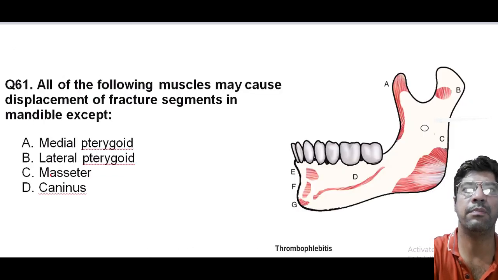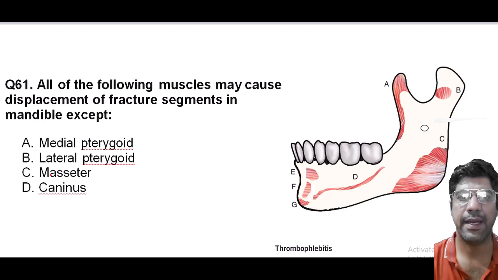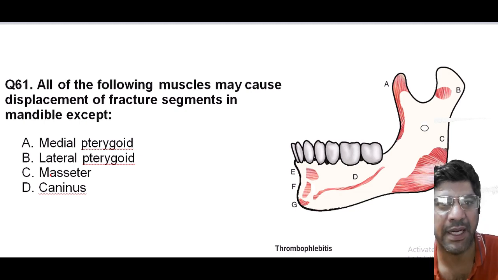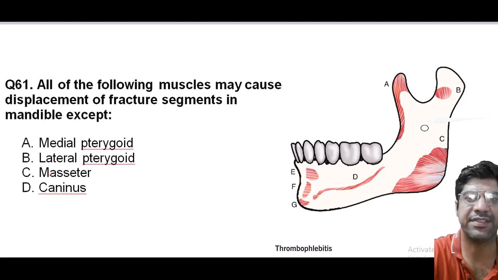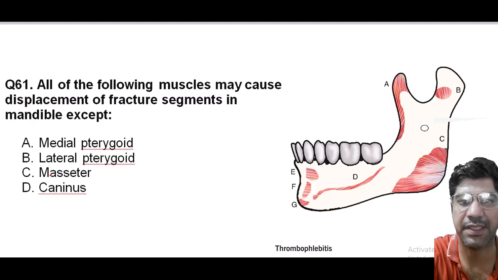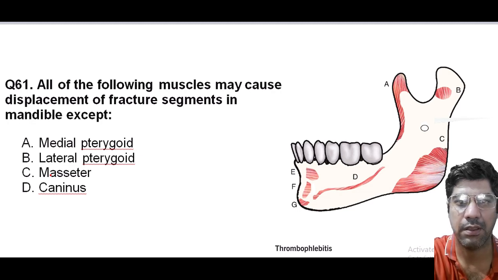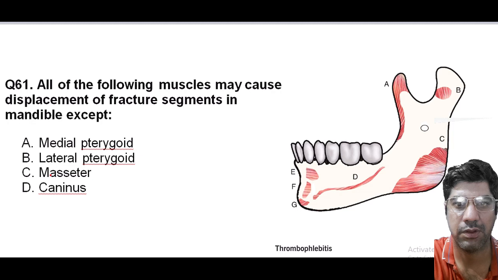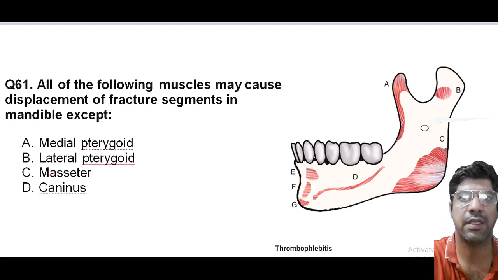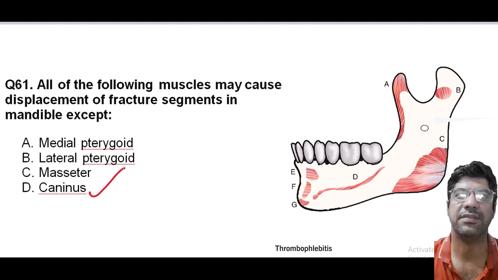All of the muscles may cause displacement of fracture segment in the mandible except is caninus. So the answer is caninus.